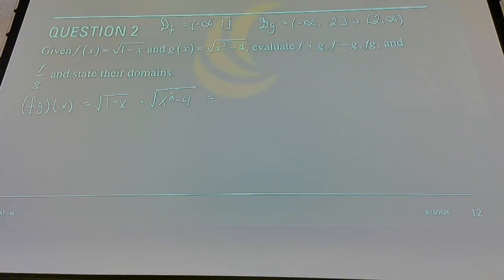Can you put it all under? Multiplication distributes across the square root. So we can combine that as a single square root.